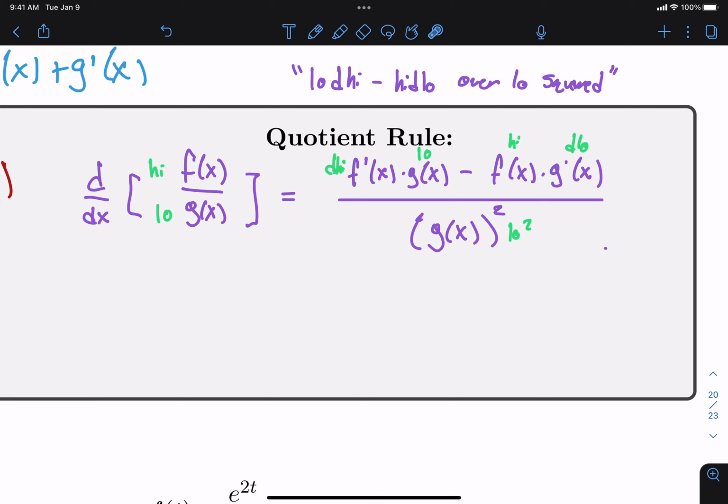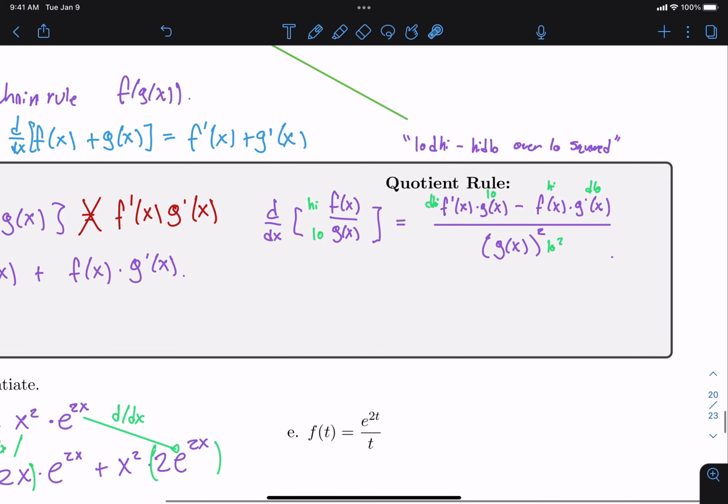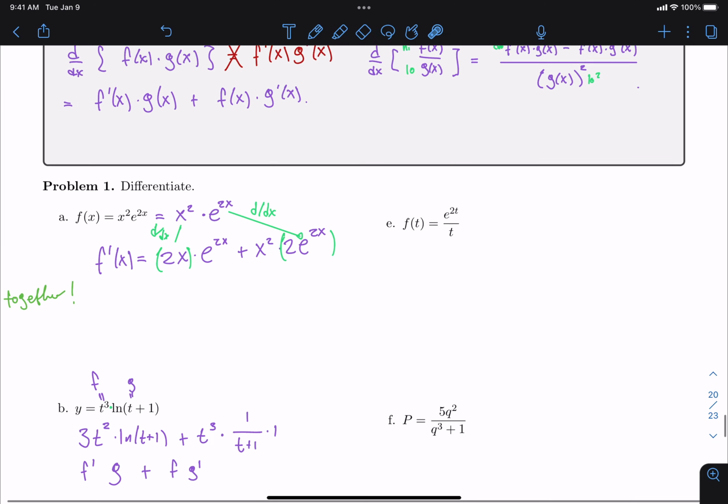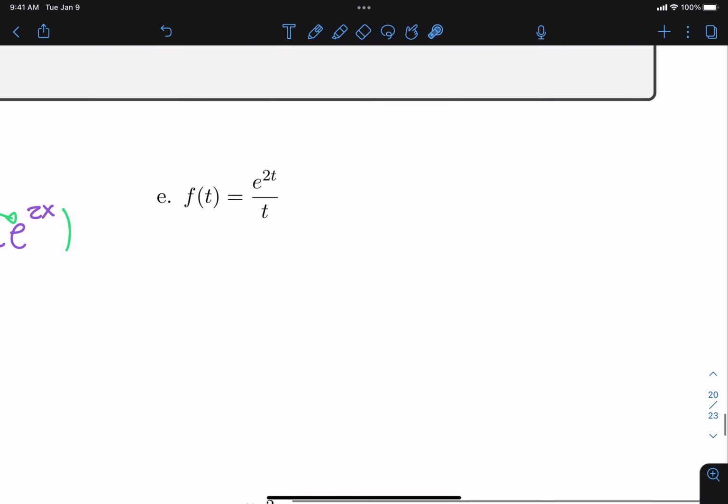So, are there any questions on the rule before we see some examples? All right. Let's see examples then. All right, here we go.